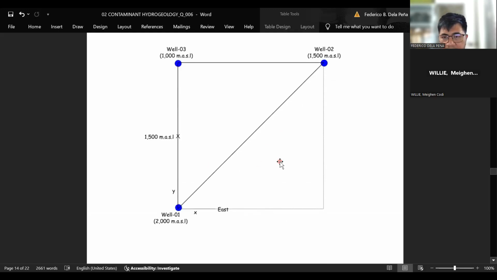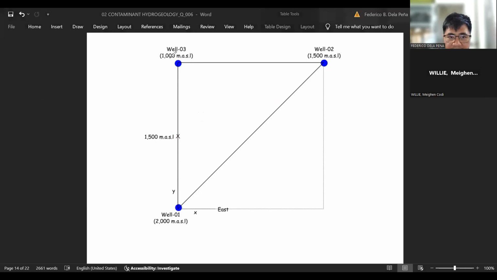And I think step 5 is to look at these connecting lines and subdivide them by the greatest common factor. So in here, at least we know that the difference between well 3 and well 2 is 1,000. So we know that 500 is located somewhere in between them. So this is 500.